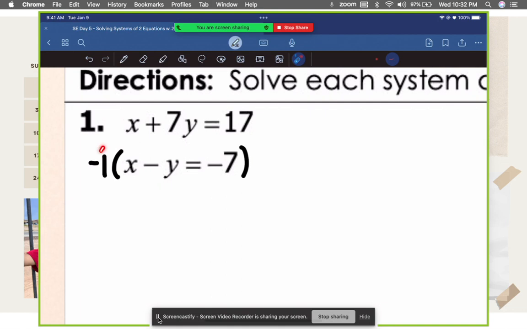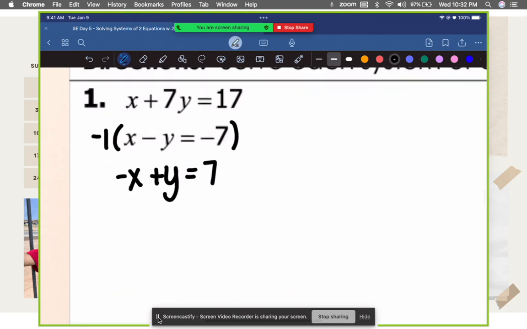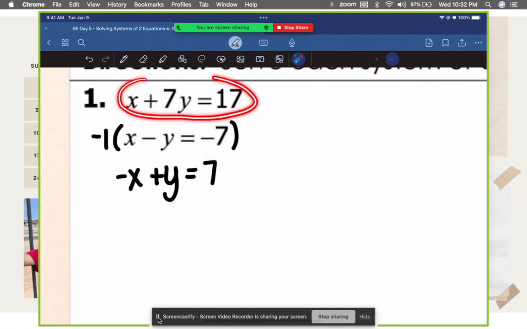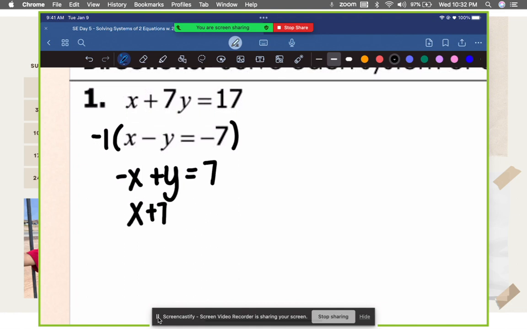Okay, so a negative times a positive will give me a negative x. A negative times a negative will give me a positive y. And a negative 1 times a negative 7 will equal a positive 7. Okay, so now that I have this new equation, I'm going to rewrite the top equation, x plus 7y equals 17.